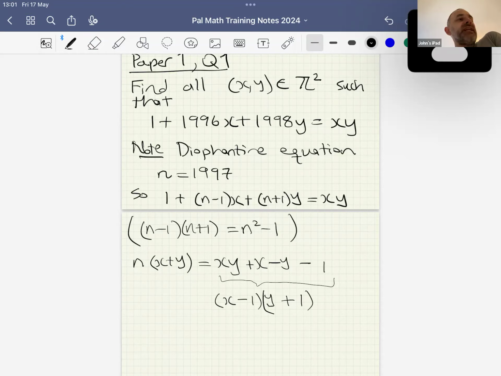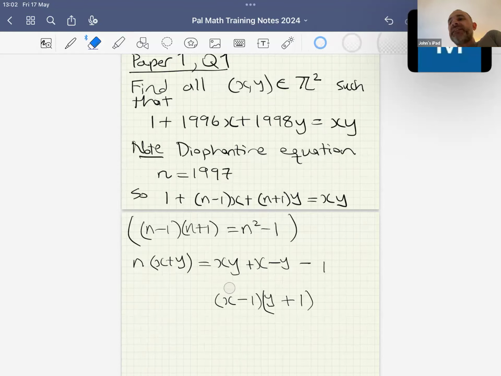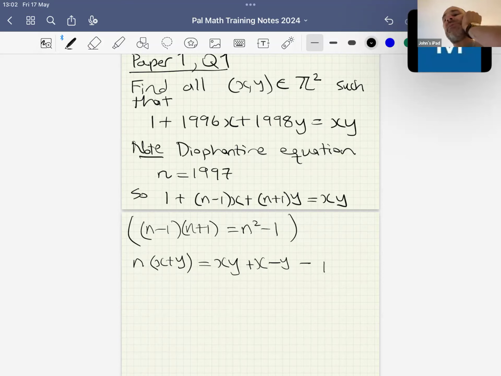So that was Liam, was it, a minute ago? I mean, these are kind of little tricks. So let's have a look at this again. How did I get that factorization? I'm pulling out the y first.